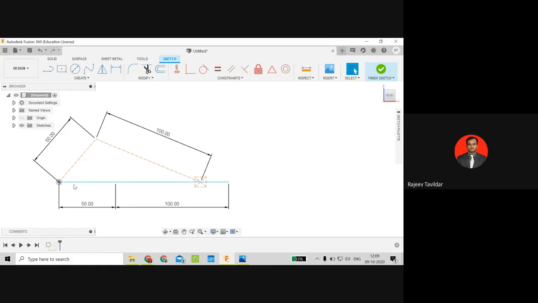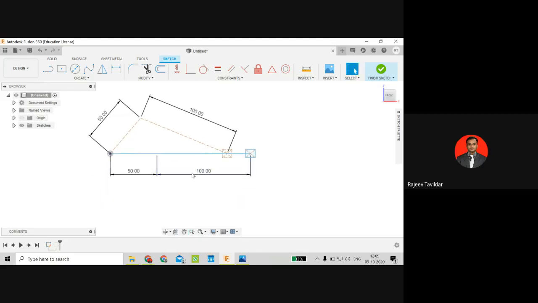Okay, so this is the position, and let me draw the slider over here. So this is the position of the crank slider mechanism when the slider can move towards the extreme right position. Is it clear? Okay.